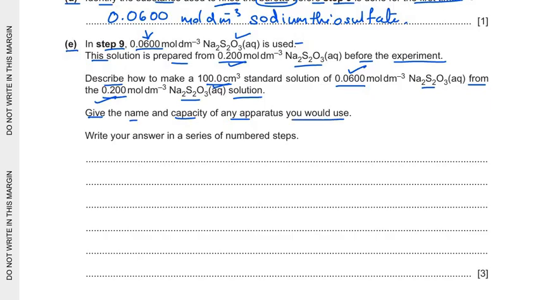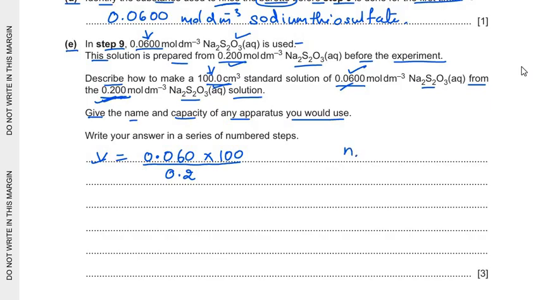So we need to specify that a 100 centimeter cube volumetric flask is used, but then what volume of the 0.2 solution will we take to make it 0.06? For that we need to calculate. We want 0.06 and we want 100 centimeter cube of solution. So if we use 0.2 moles per dm cube, what is the volume we will use?